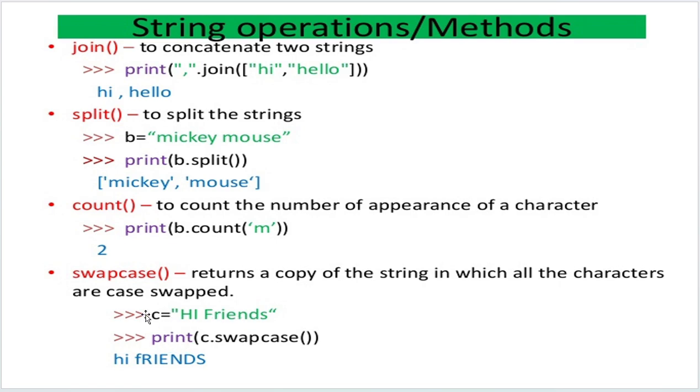If you are going to use the function swapcase, as I've told you, the uppercase letters will be converted to lowercase and the lowercase will be converted to uppercase. That's why the name is swapcase. So if you're going to print C, the H, I and F are in uppercase, they will be converted to lowercase, and the remaining lowercase letters will be converted to uppercase. This is how the swapcase function works.